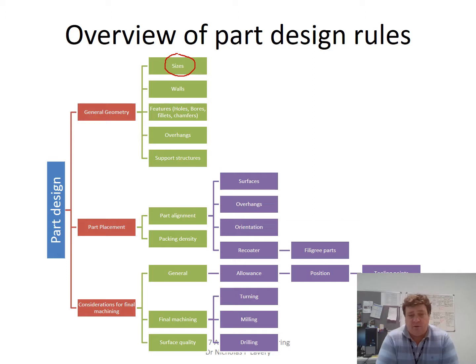One of the things that you will have seen a little bit about, and we talked quite a bit about during the module so far, is overhangs. These overhangs are what determine the support structures that are required to hold them up.